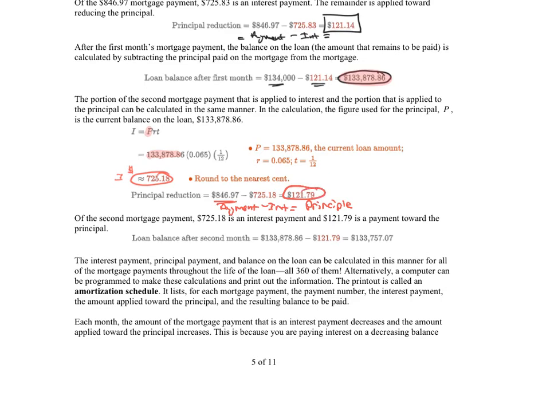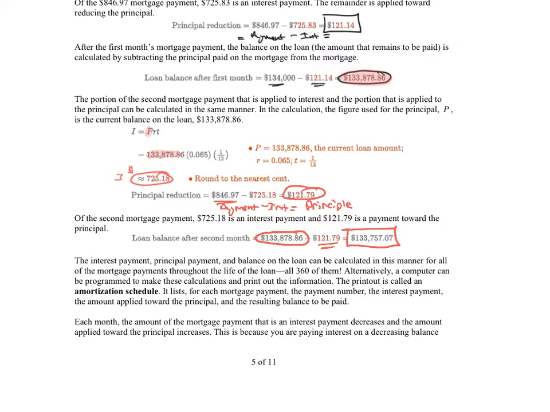Now, to figure out my new balance, I take the previous balance, which was $133,878.86. I subtract off the new amount that goes towards principal, and that gives me my new balance of my loan. So what would I do? Repeat the exact same process with P being the new number. Recalculate I, recalculate the amount that goes towards principal, recalculate the amount that you owe.